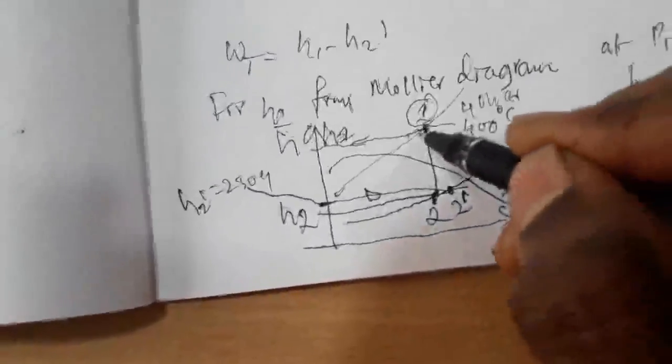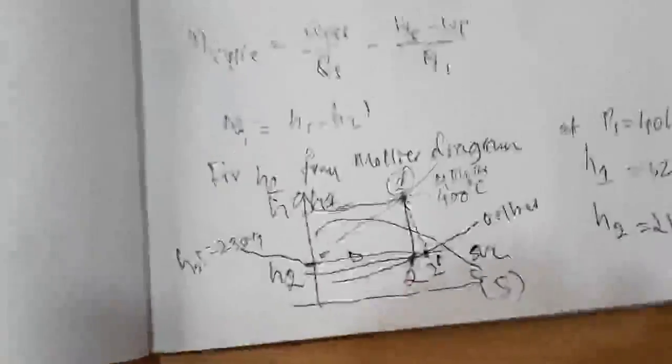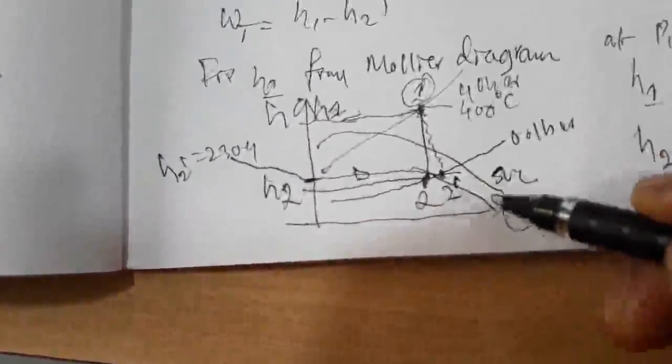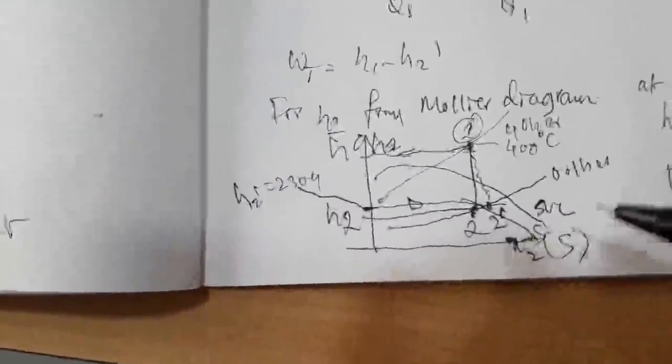So this is our 1 to 2 dash process. At point 2 dash we have dryness fraction lines on the Mollier chart, wherein you can read the dryness fraction at that point, because he has asked you to calculate the dryness fraction at the outlet of the turbine.